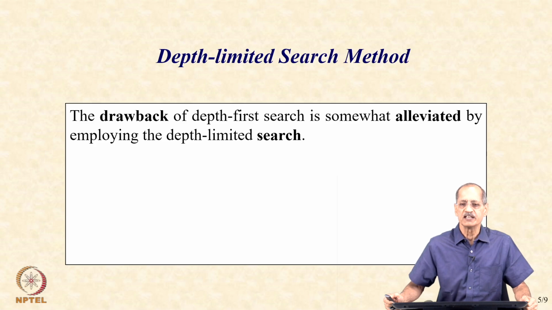But in depth limited search, we do not do that. What we do is upfront fix a depth level where we think the solution might lie, and then we go only up to that depth level and then do the breadth wise search.